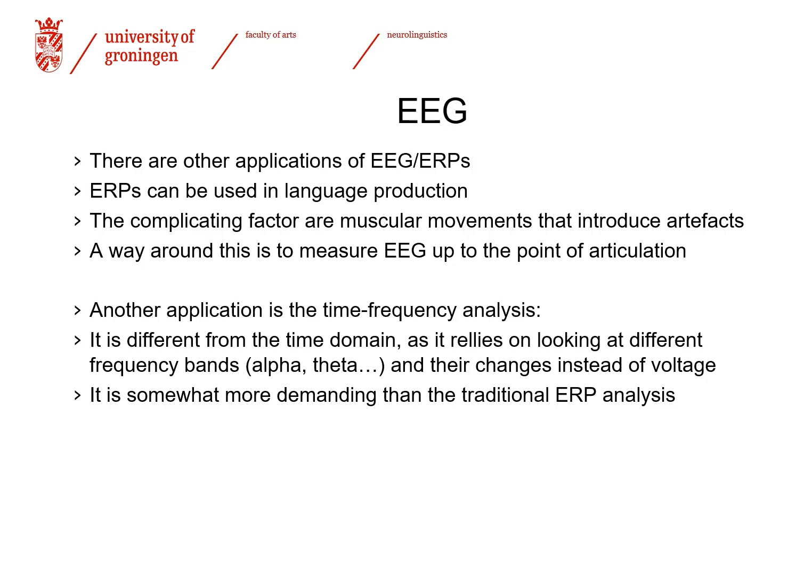So the time frequency analysis is slightly more demanding than the traditional ERP analysis, but it is widely done, and there are many, many studies that apply this kind of analysis to EEG data.